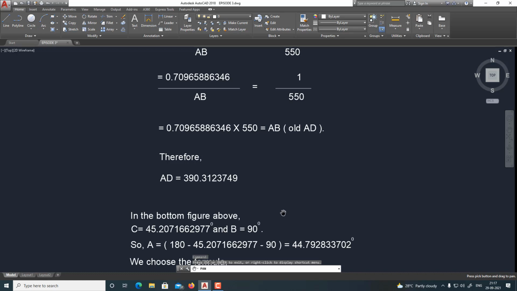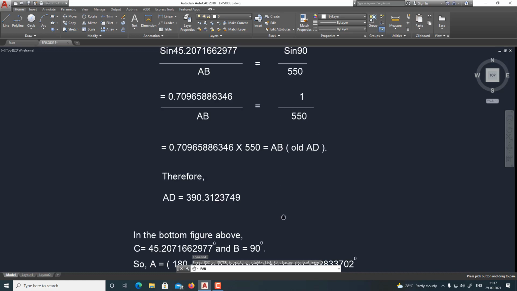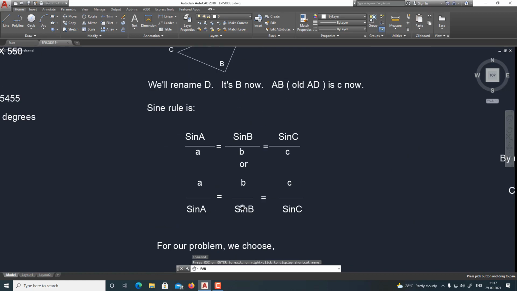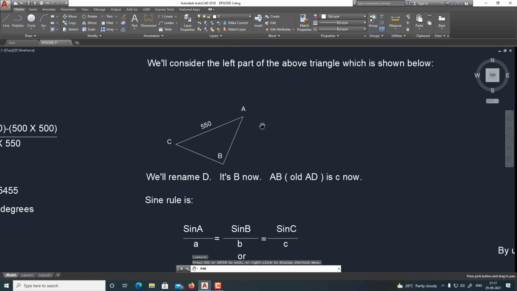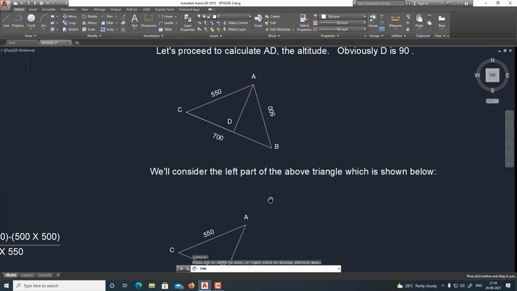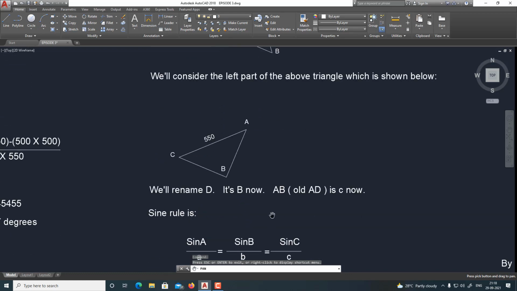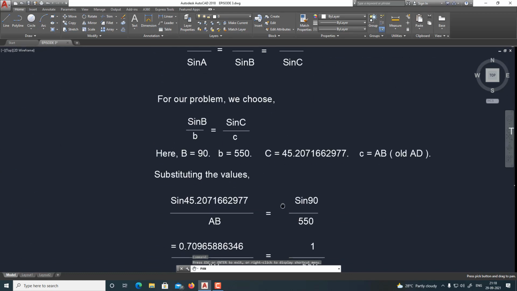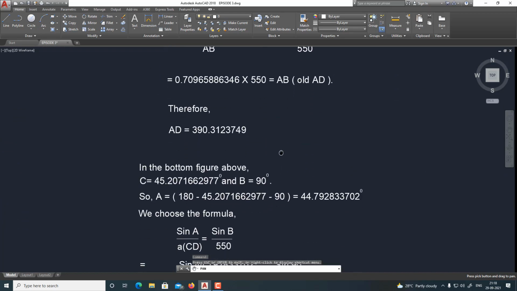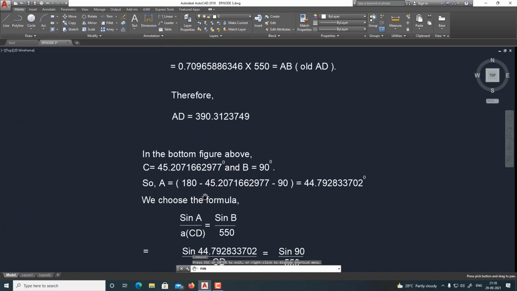So A is angle A, this angle, not this angle. Angle A is equal to 180 minus 45.207166297 minus 90, because all the three angles must be equal to 180 degrees.